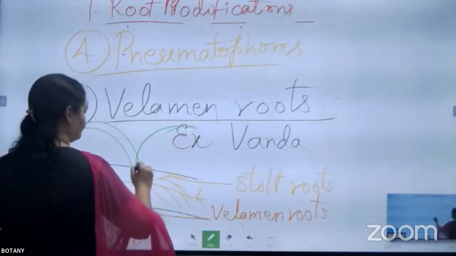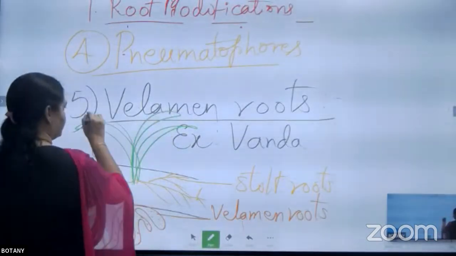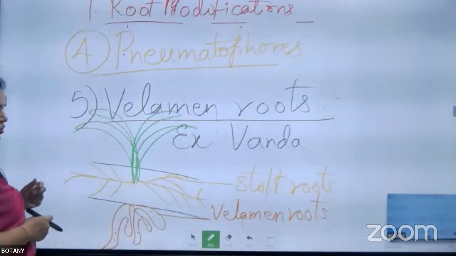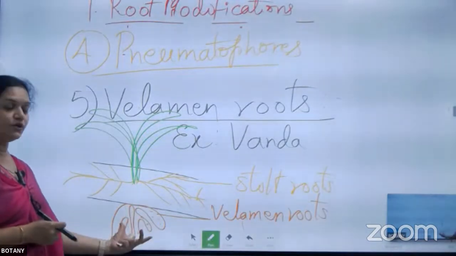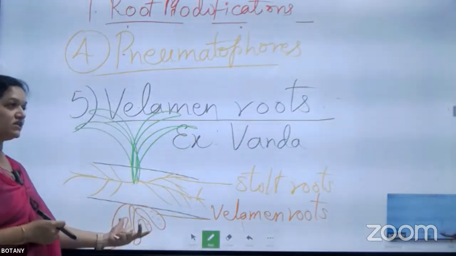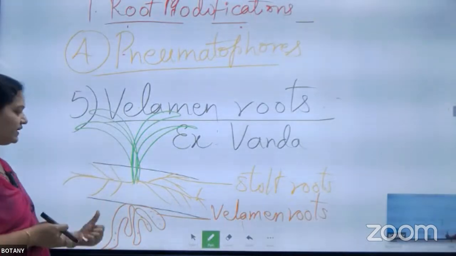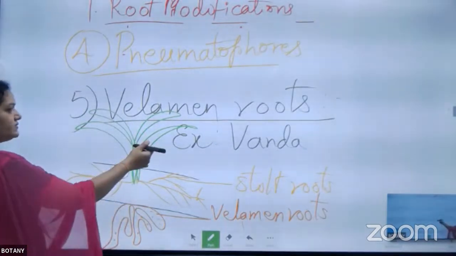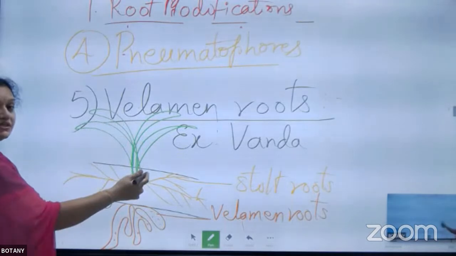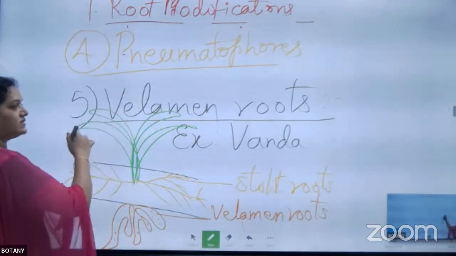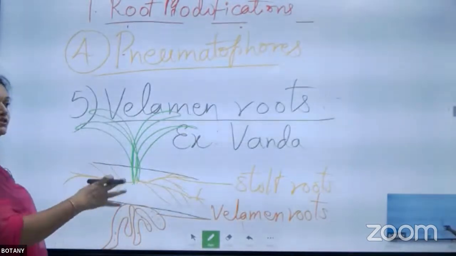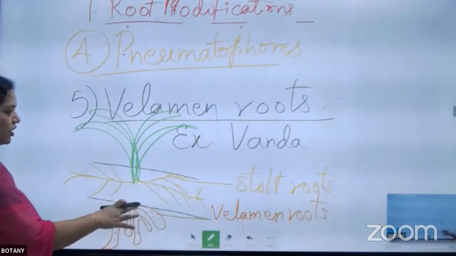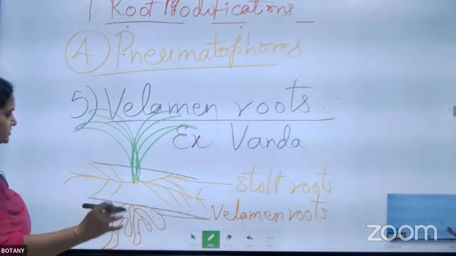So through the velamen roots, it will take the moisture from the outside atmosphere and supply it to the leaves to do more photosynthesis. These are called the velamen roots. The roots which absorb the moisture from the outside are called the velamen roots.